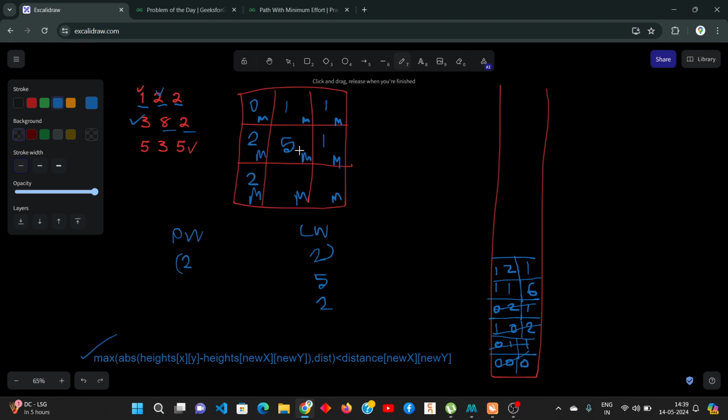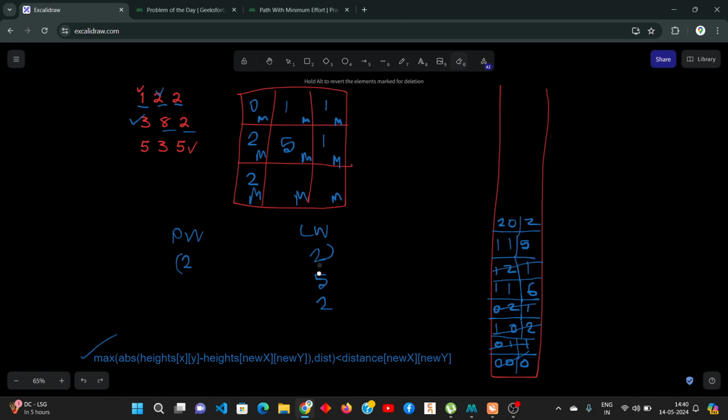Now we have to push this into our queue, right? So what is the position? That is 1 and 1, and the weight, that is 5. Great. So now we have to push this one also. That is 2 and 0. And what is the weight? That is 2. So now what is the minimum one? That is this one. So we can pop this one.